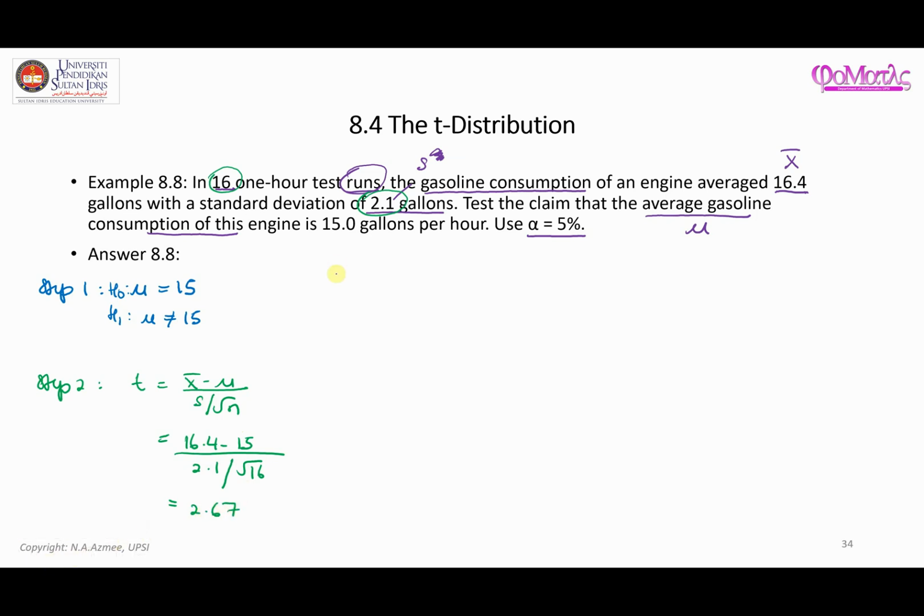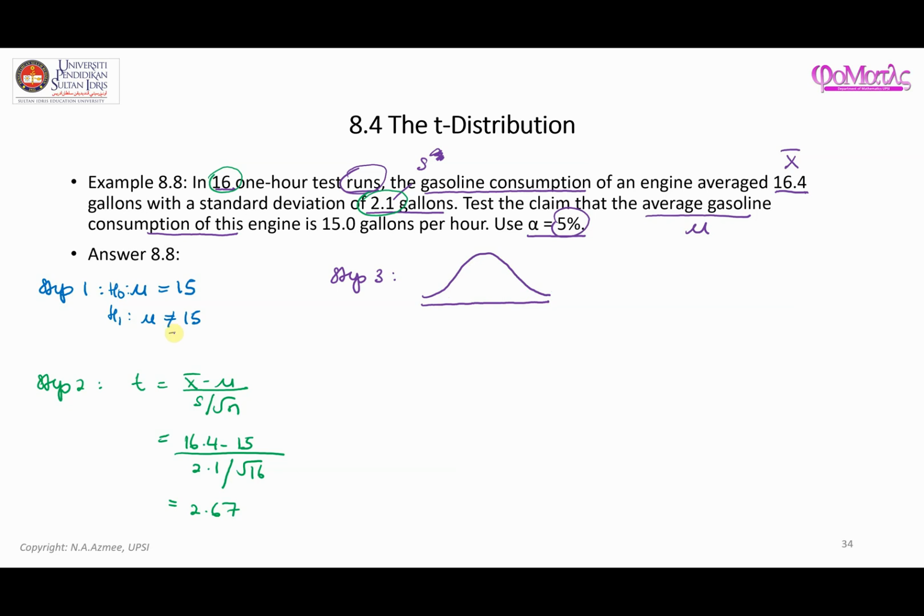Next, the third step is to obtain the critical values. This is how the t-distribution looks. It is symmetric, and we have alpha 5%.